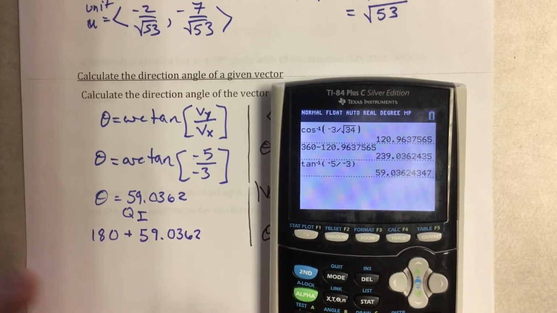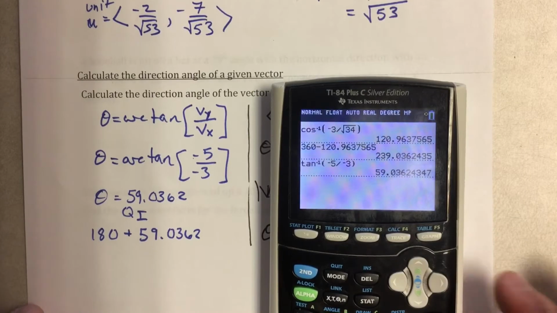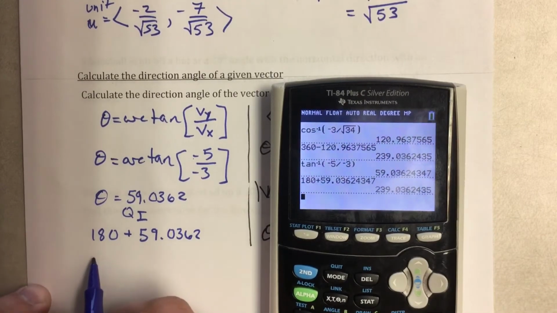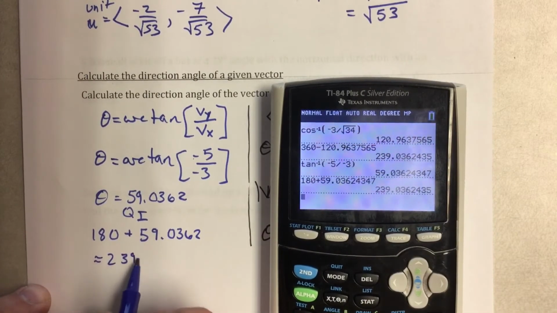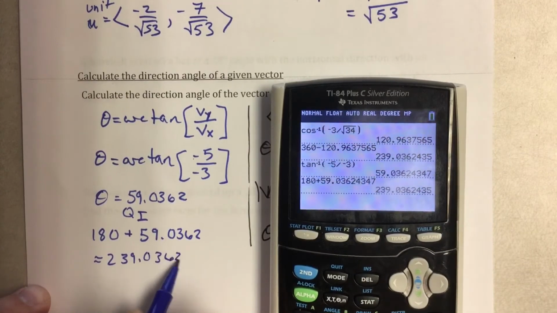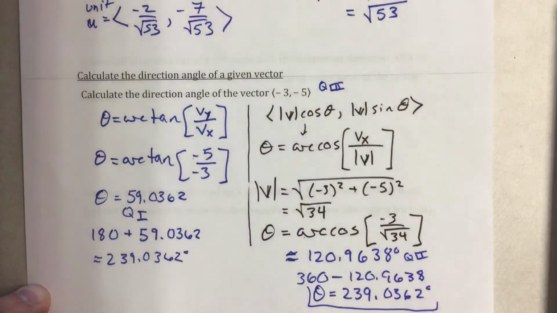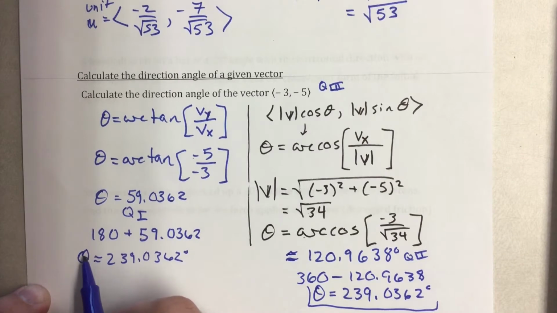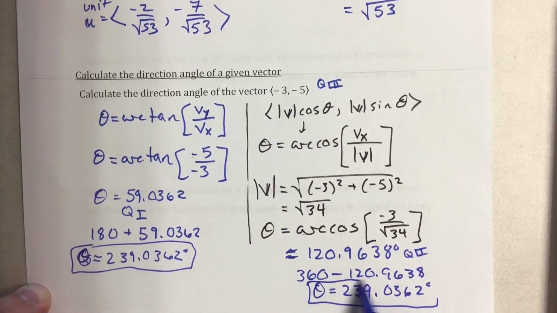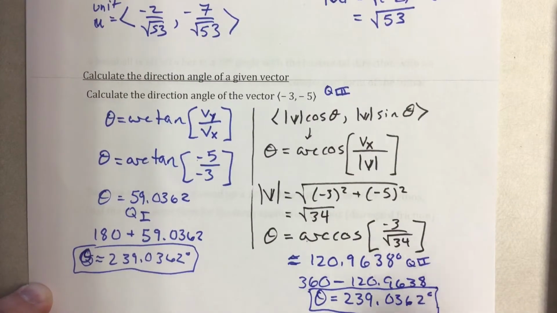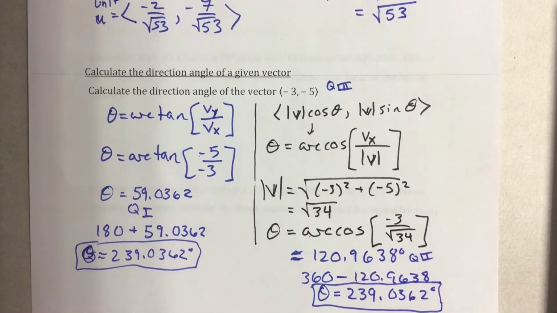Knowing whether to use 180 or 360 just takes some thinking, some logic, to know what quadrant would take me where. But if I do 180 and add this value, we get 239.0362. So neither of these will give us the angle straight away. Both will require one last step, whether it's 360 or 180.